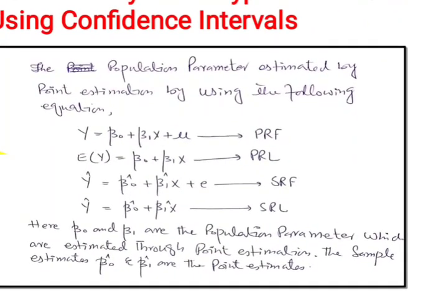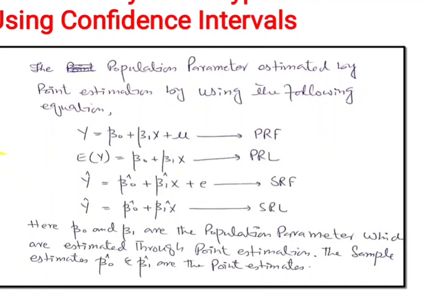The population parameter is estimated by a point estimator using the following equation. The population regression function is y equals beta naught plus beta 1 x plus mu, and the population regression line is beta naught plus beta 1 x.